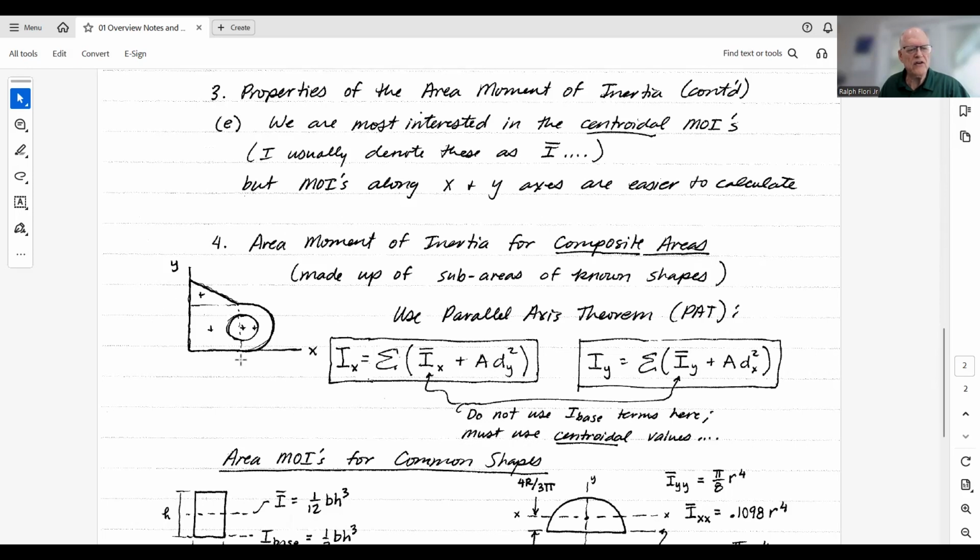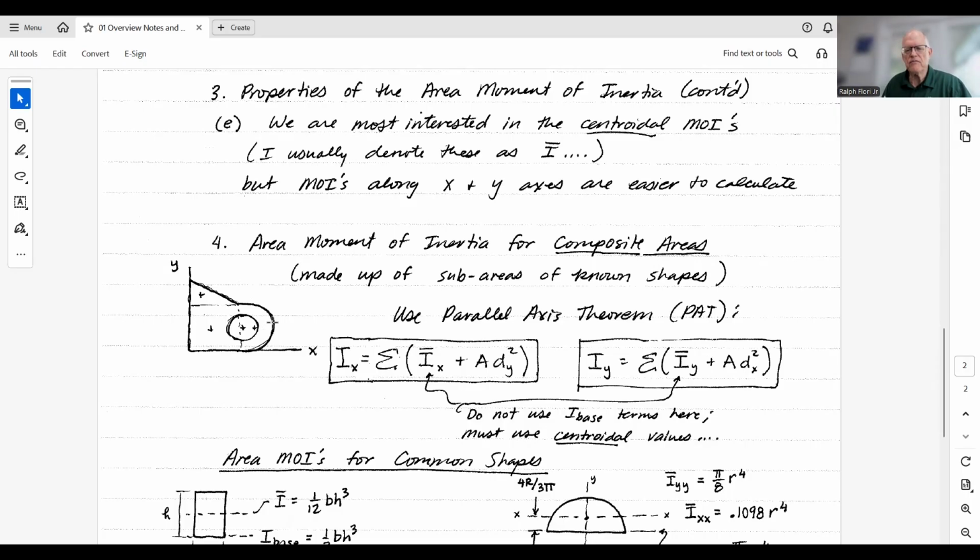With this rectangle, it will have an I bar about its centroid. It has an area and a distance from its centroid to the x-axis, and so on. And so the same with the y direction. You're going to take centroidal I's for each of these shapes and then transfer those to the y-axis.